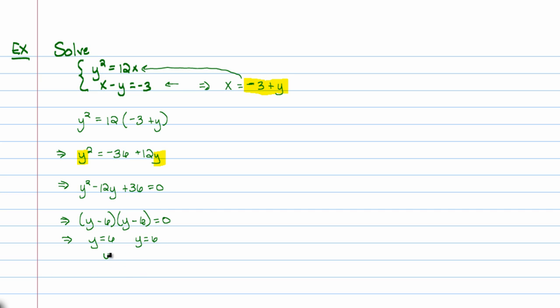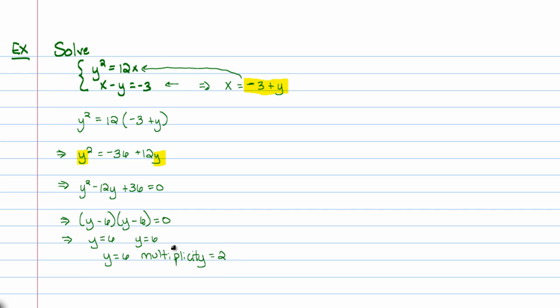Which means essentially that y is just equal to 6. And remember, I have mentioned this a couple times in the past, but it's a good thing to remember. If you have a solution to a quadratic or to any equation where that solution occurs more than once, we like to write down a little bit of information about it. We like to say the multiplicity equals the number of times that solution occurs, 2.